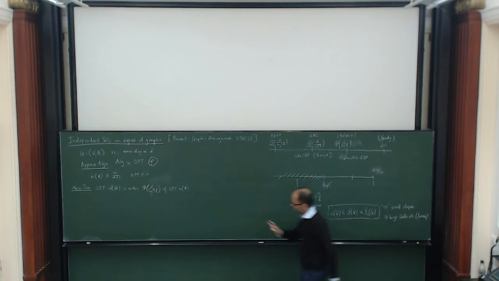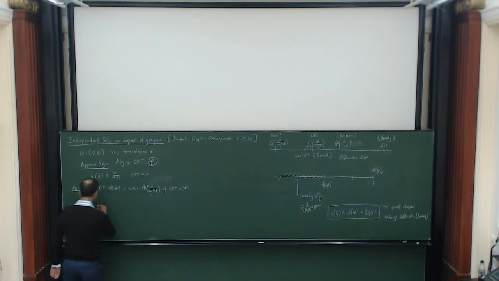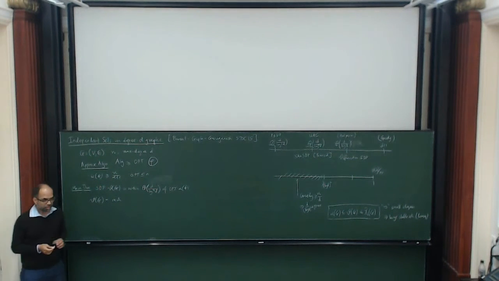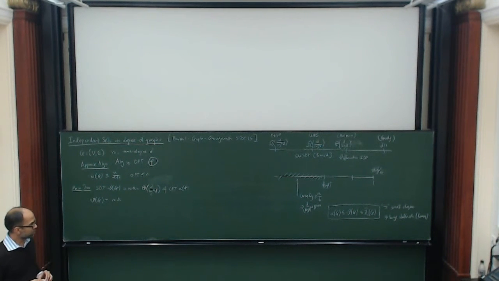Oh, you know what? I keep talking about the theta function. Let me just write down the theta function out here. So theta of G is an SDP, which is minimizing the following. So I write the theta function as a vector program. This is normally written as less than or equal to the fractional stable set. Is there another thing that goes in between?